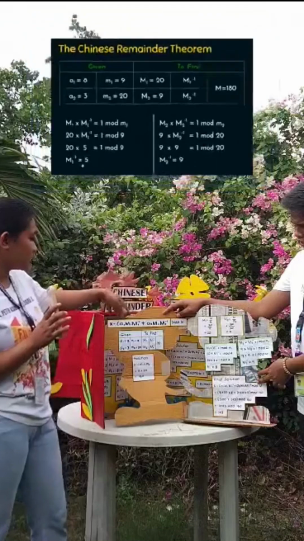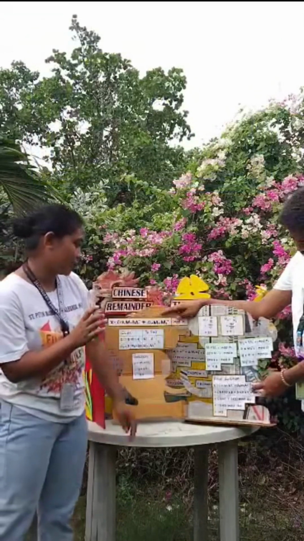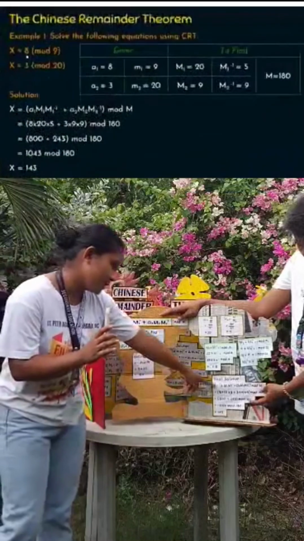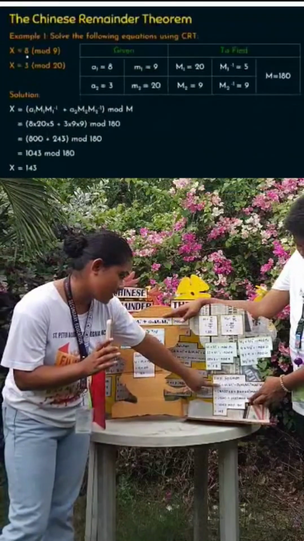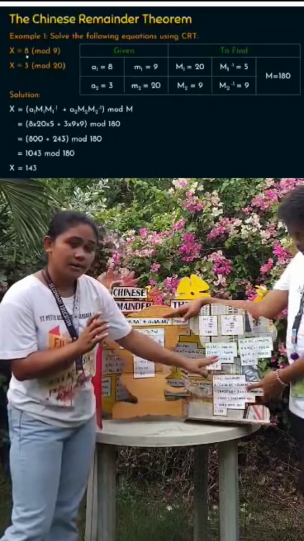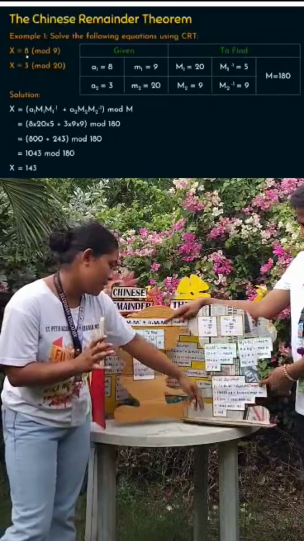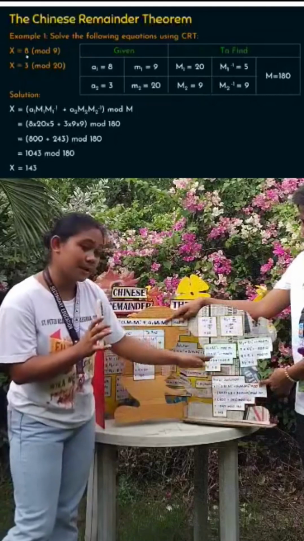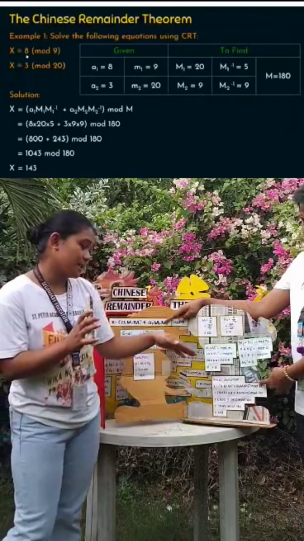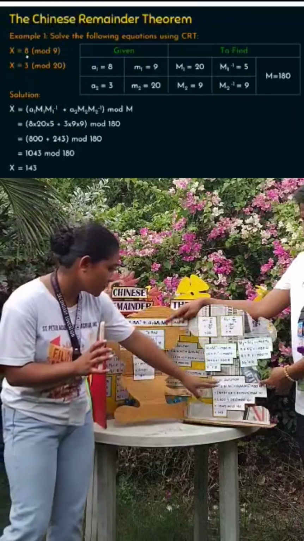So, since we now have all the values, we return to our formula to substitute the values. Here, we've got the final solution. X is equal to 8, our a1, times 20, capital M1, times 5, which is capital M1 inverse, plus 3, our a2, times 9, capital M2, times 9, capital M2 inverse, mod 180.